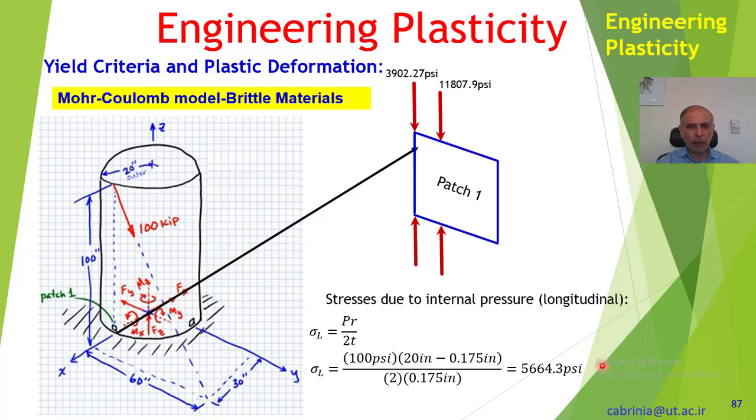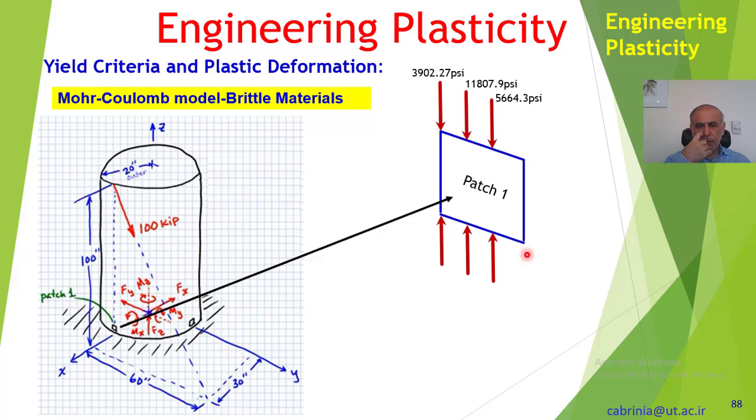Therefore, this is the axial stress in the z direction which is applied at our patch. As you can see, the direction of this one is positive. Let's see if we have other forces acting on this patch.